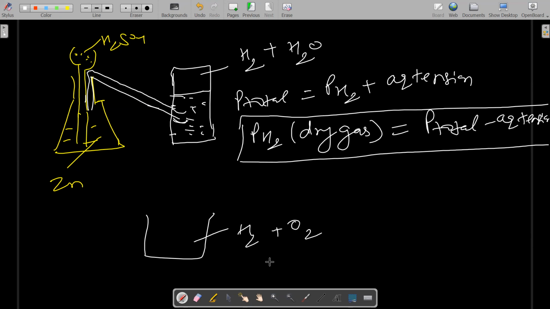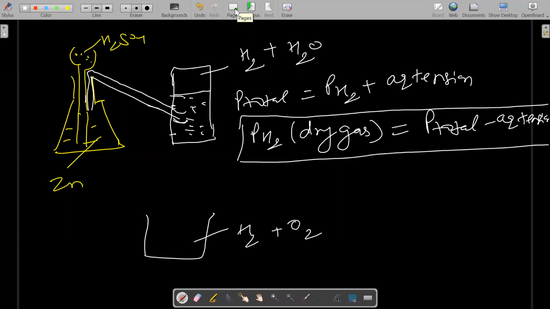Here the hydrogen gas is collected and water vapor is also collected, and they are not reacting. Or suppose nitrogen gas and helium gas. Scuba divers carry an oxygen cylinder in which helium gas is also present. So it can apply there too.